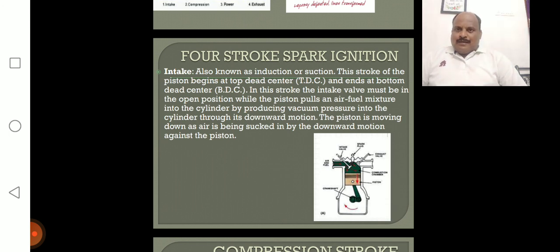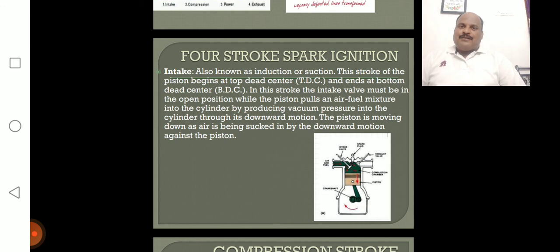In this stroke, we can see the piston position. How does the piston drive? The piston drives from TDC to BDC. This is the first point. Second point: in this stroke, the intake valve must be open. And the third point: when the intake valve is open, that time the exhaust valve must be closed.